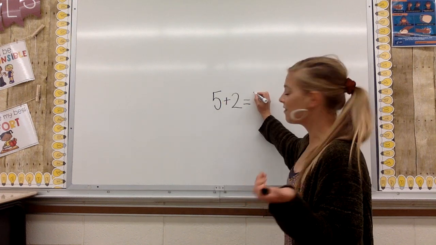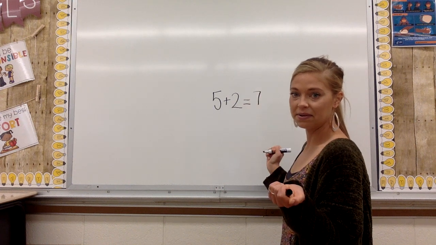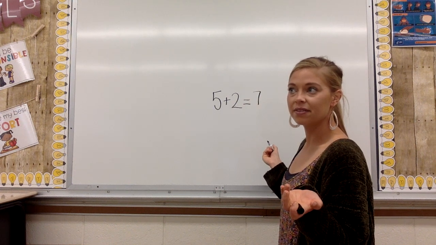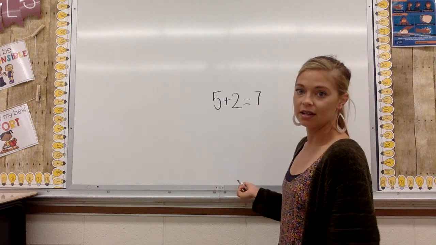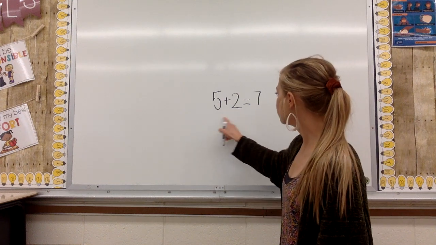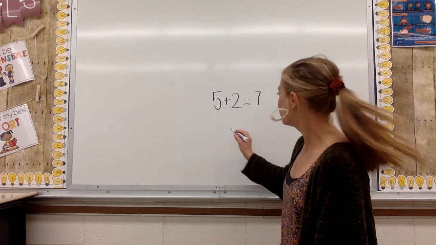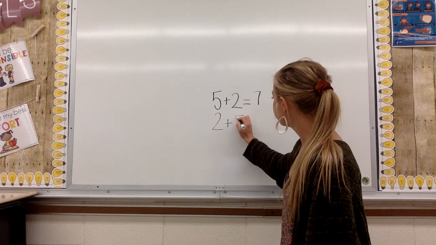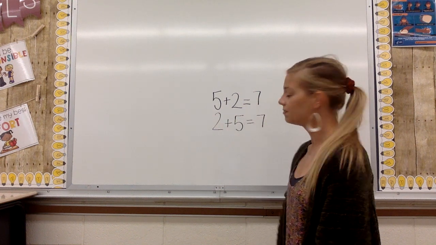I would normally say, everyone would say 7, okay? And the commutative property of addition tells us that you can reverse these numbers and it will be the same. So 2 plus 5 also equals 7.